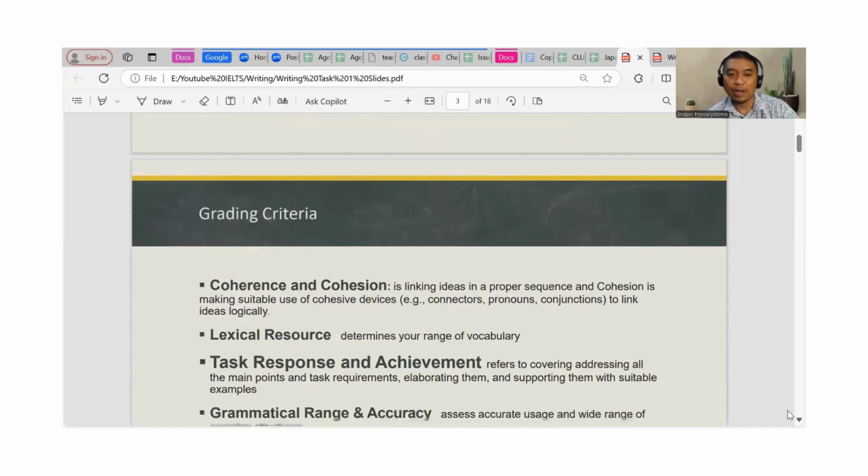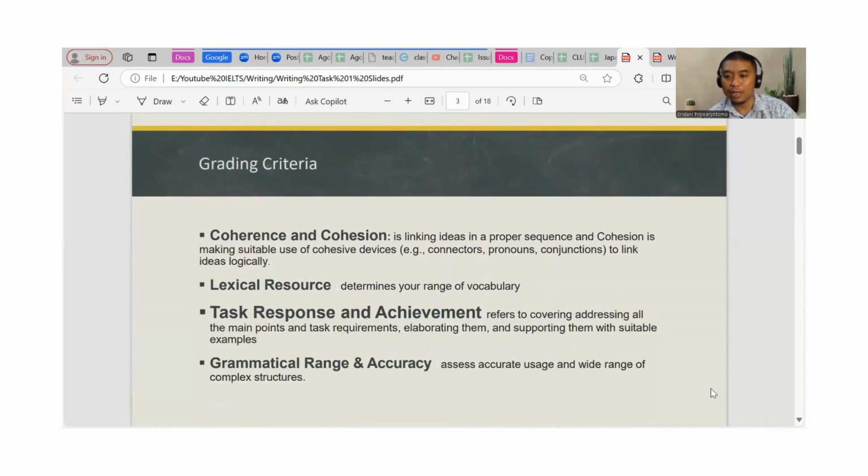Okay, after that, grading criteria. I think it will be fair enough if you know what the examiner or the testers expect from you. It's not about like and dislike. They do have a grading criteria. The first one is coherence and cohesion. What does that mean?